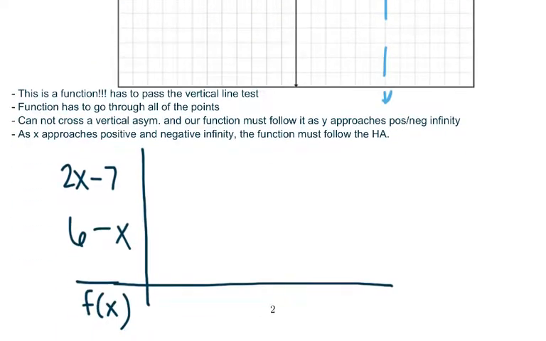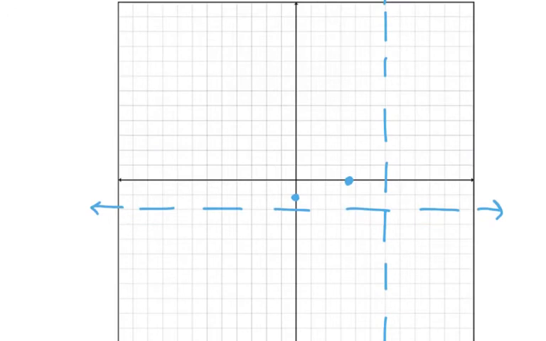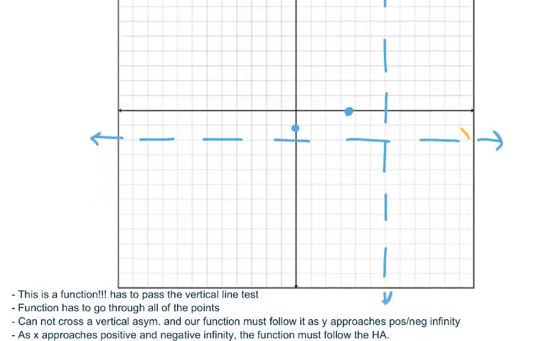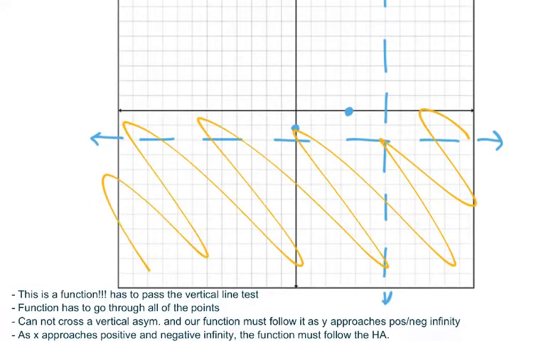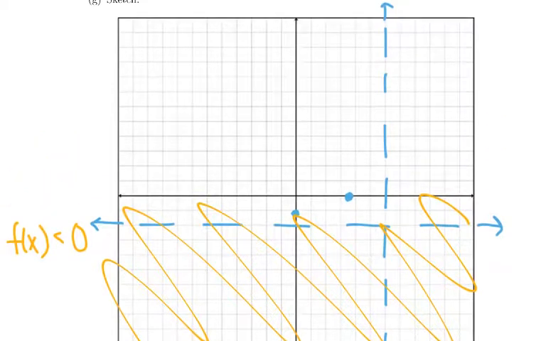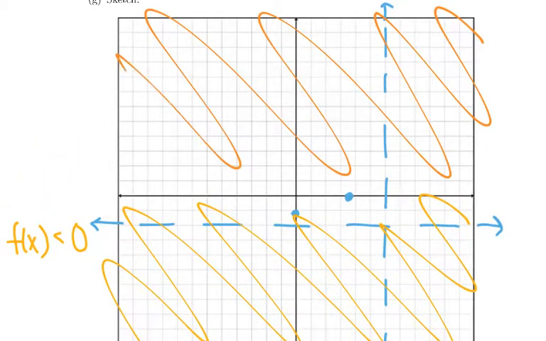Okay? And then along the bottom, again, we do this sign chart to see if the function is negative or positive. If the function is negative, that means that it's below the x-axis, right? If f of x is negative, the function is negative, it's below the x-axis. If the function is positive, it's above the x-axis.